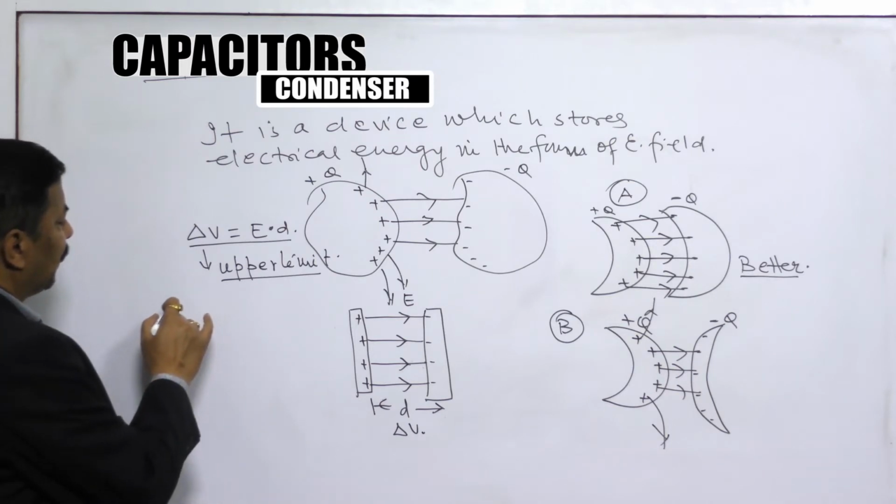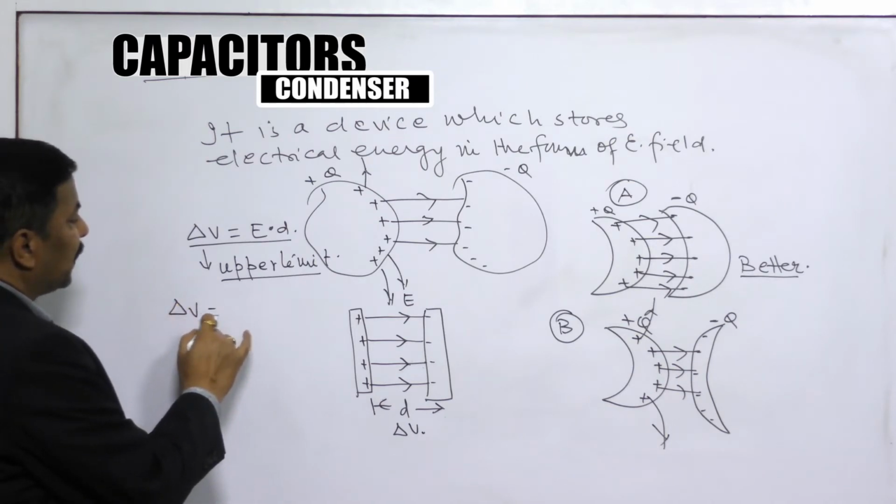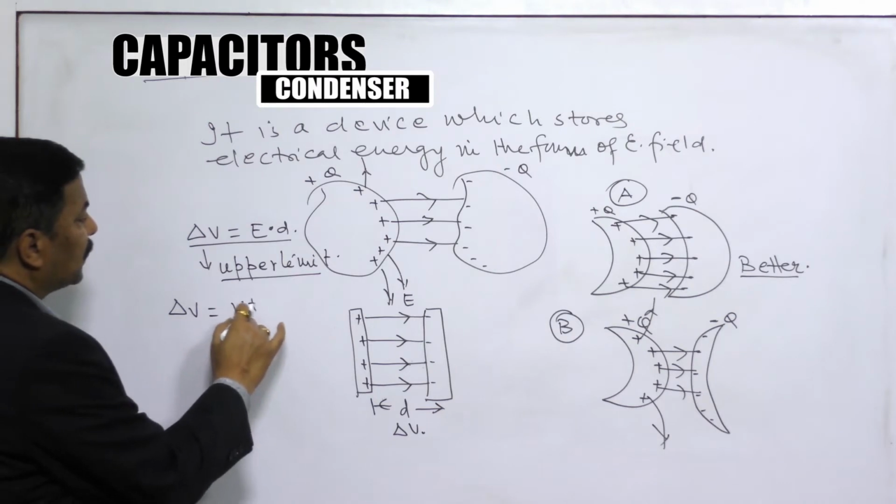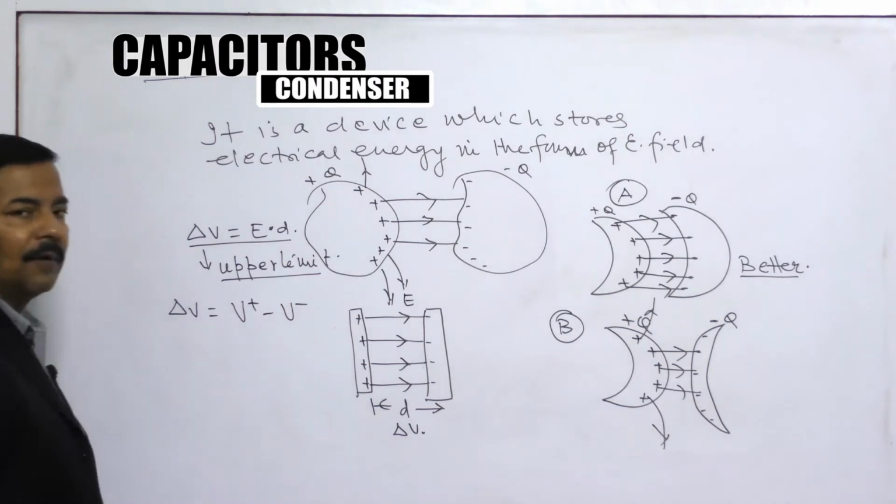This potential difference delta V is basically V plus minus V minus. What does it mean?